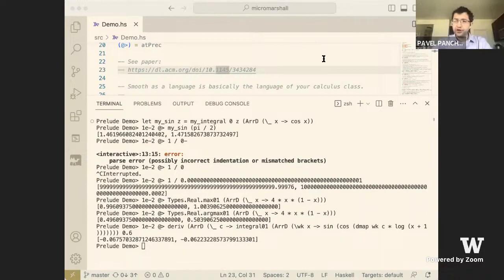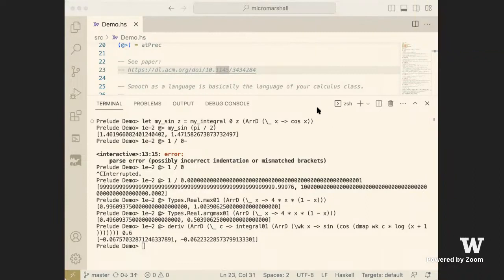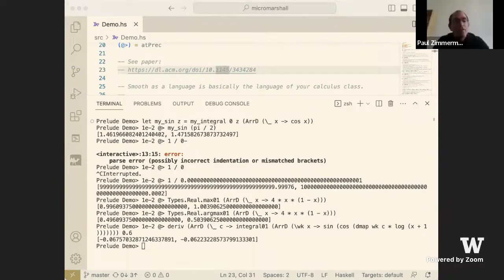There's also a question from Paul Zimmerman. Paul, do you want to ask it in person? Yes. My first question is, what is the underlying arithmetic package? Basically MPFR, if I remember correctly.